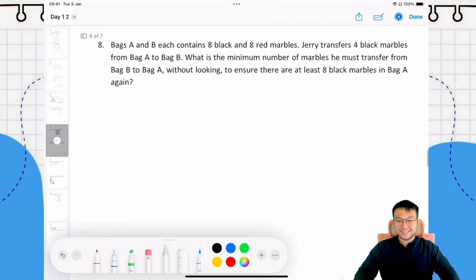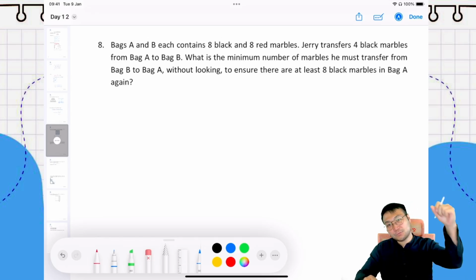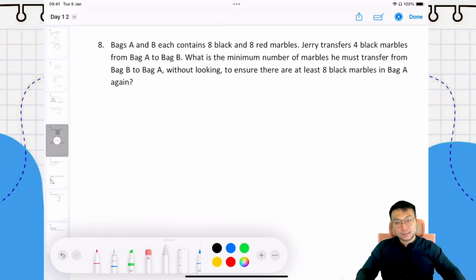Question 8. You have two bags, bag A and bag B. Each of them has 8 black marbles and 8 red marbles. Jerry took 4 black marbles from bag A and placed them into bag B. Now the question: what is the minimum number of marbles that Jerry must transfer from bag B back to bag A without looking?